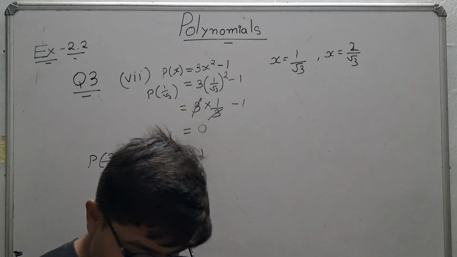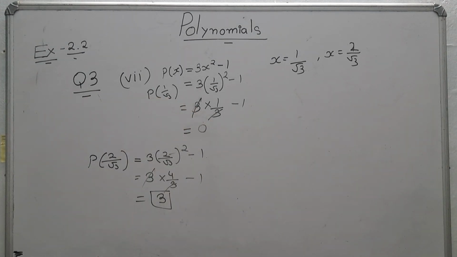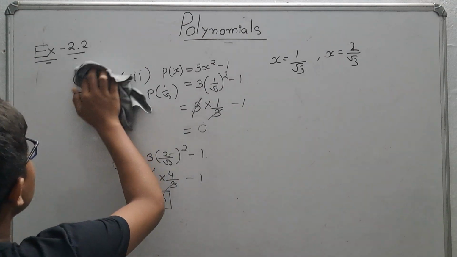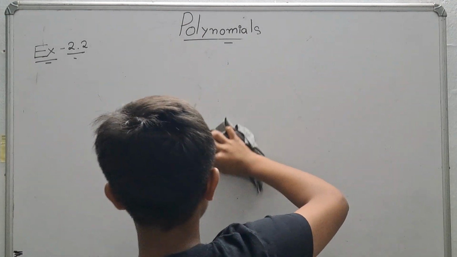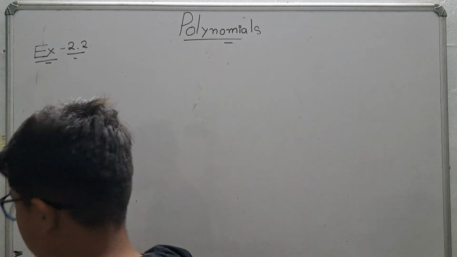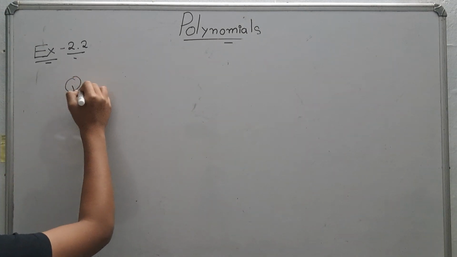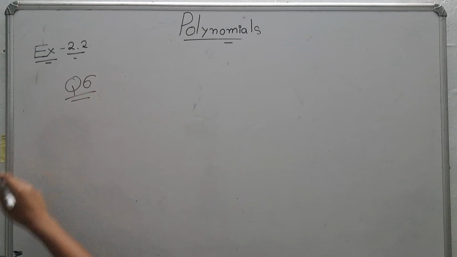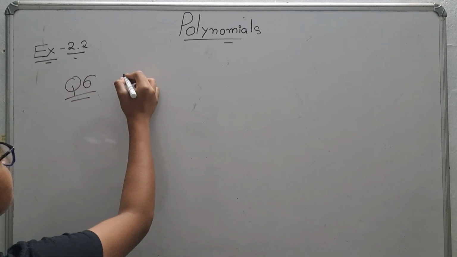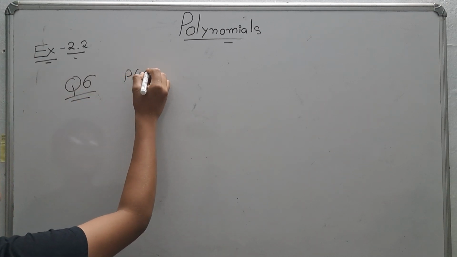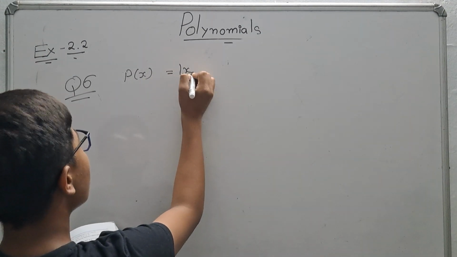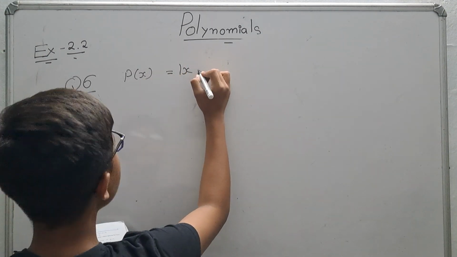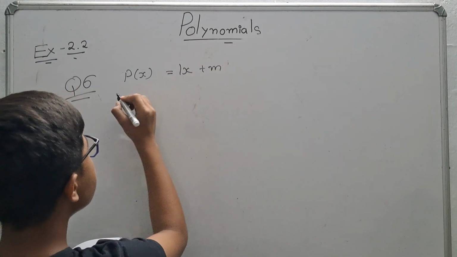And let's quickly see question number 6, because it was also a little bit hard. Okay, I have written question 3, that is my mistake. That is question 7. Question 6. So in question 6, we have to find the answer only one time. p(x) is equal to Lx plus m.